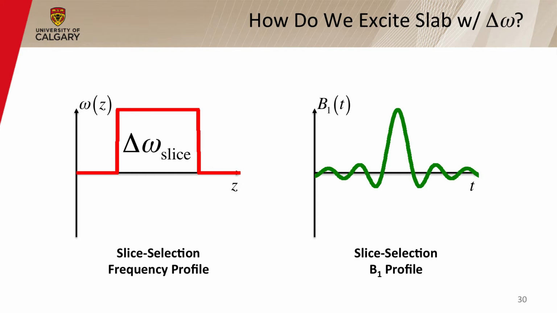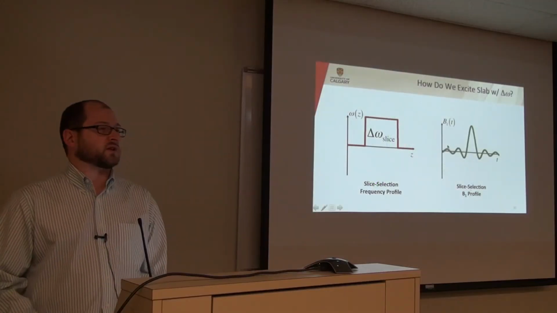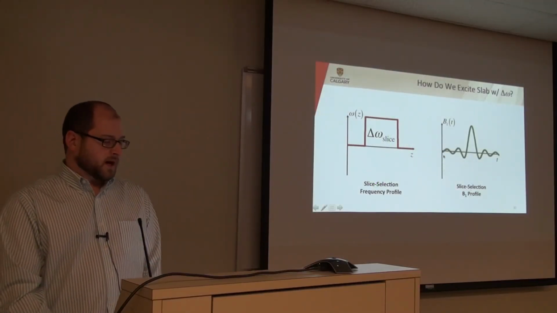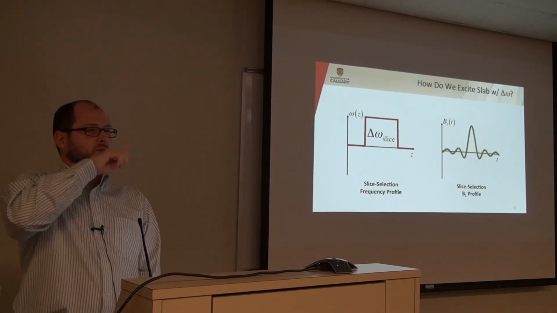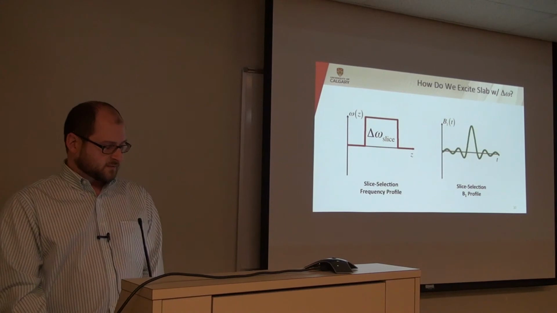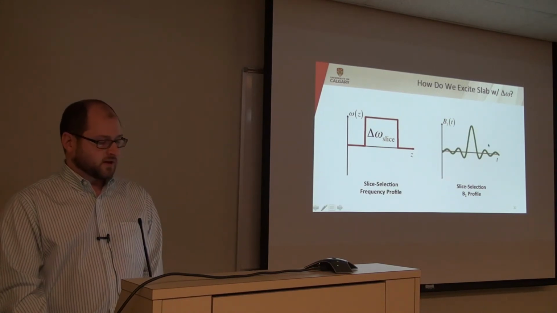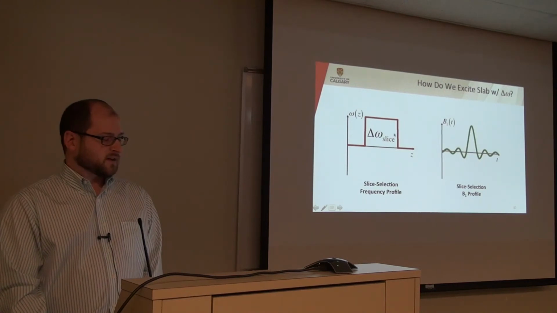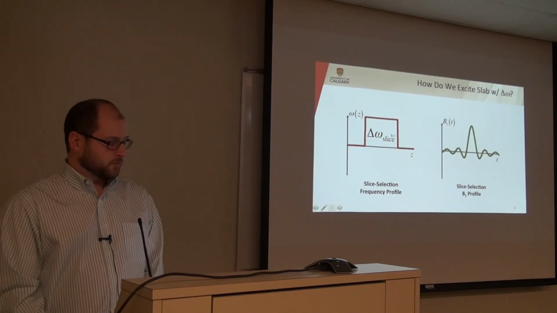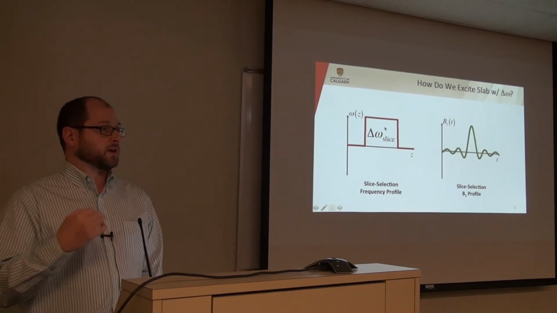We have this sinc function. And so basically now, instead of having this boxcar function, what we do is we modulate the amplitude of that sinusoid that's still bouncing back and forth at that frequency by this sinc function. And what that does is it allows us to excite only this particular slice of particular assigned width that we know.